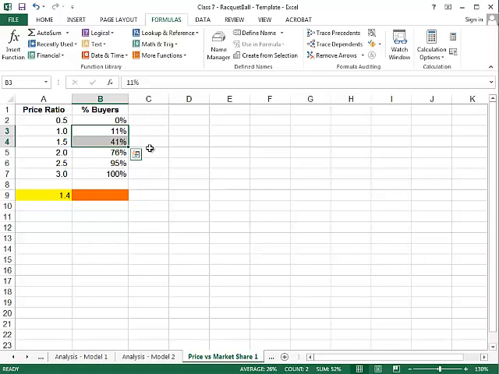In order to be able to answer that question with a bit more precision, we need to think about several models. You can create an S-shaped market share curve.